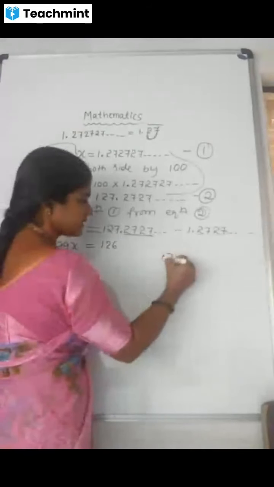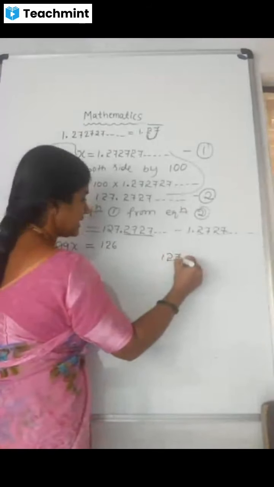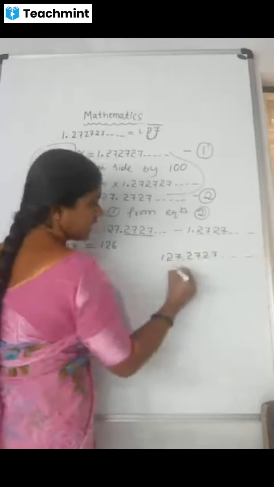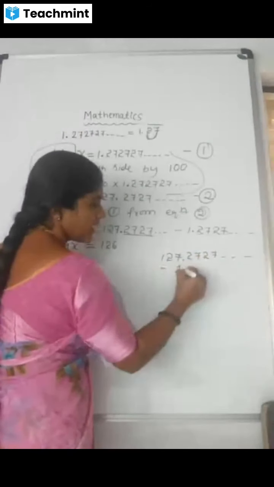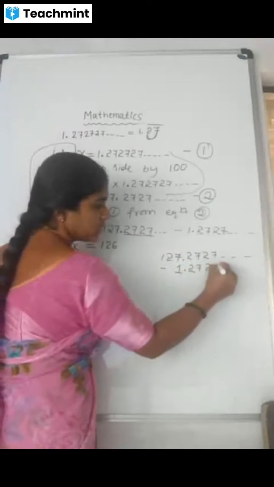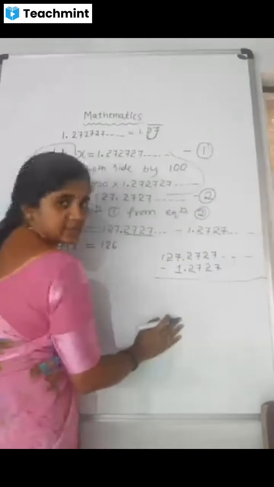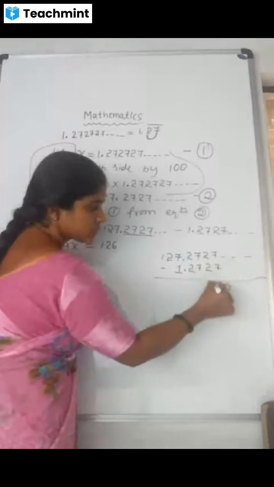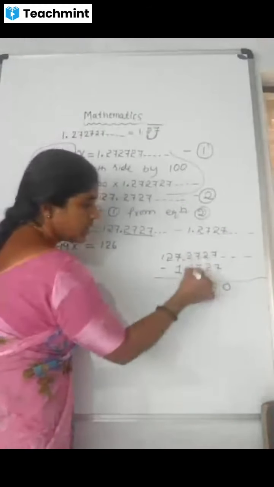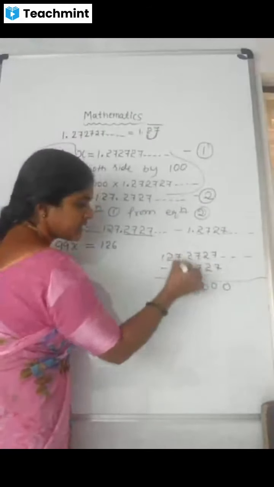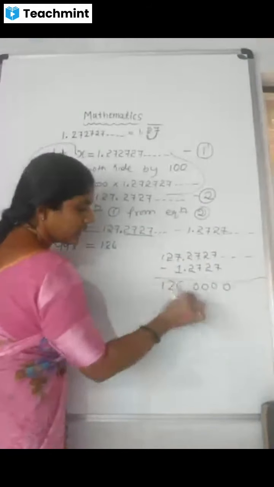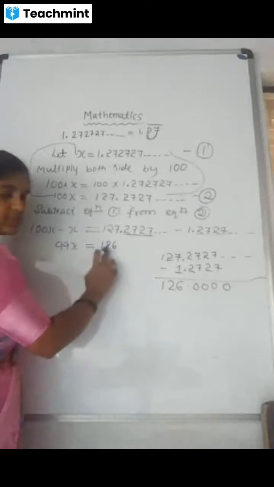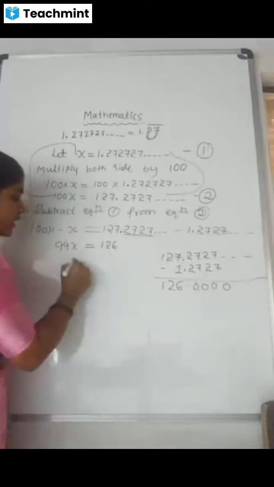Or you can perform the subtraction: 7 minus 7 is 0, 2 minus 2 is 0, then 7 minus 1 is 6, then 126. Got the idea? 99x is equal to 126.